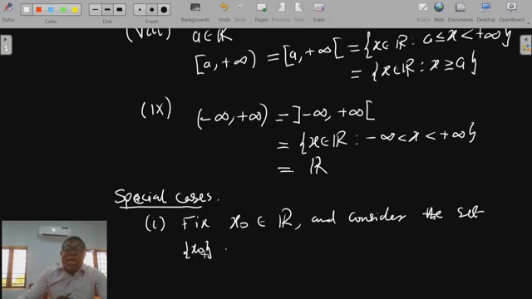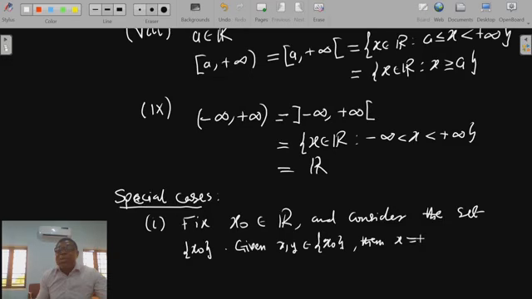What it means is that, given x, y in that set x naught, x must be equal to x naught, and y must also be equal to what? X naught.